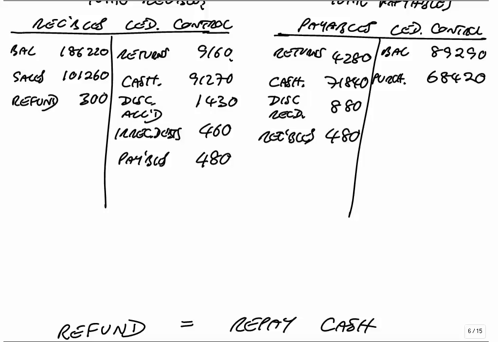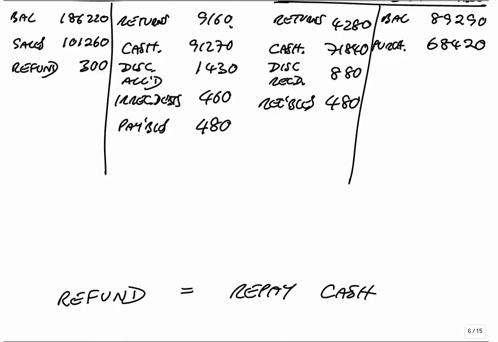It's actually very easy to deal with. When you get the cash, debit cash, credit receivables, if for any reason you give back some of the cash, it's the opposite. Credit cash, debit receivables. Be patient, just in case anybody's unsure.